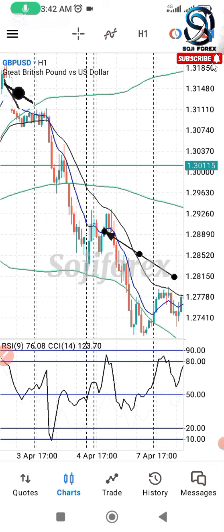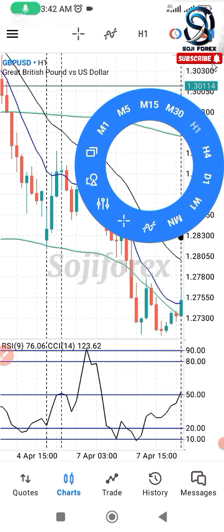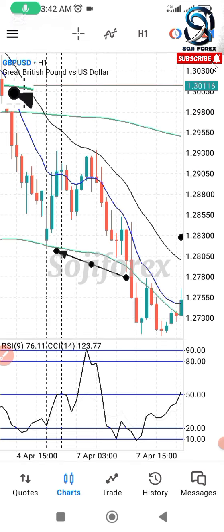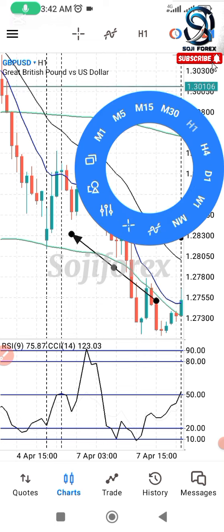And here is exactly what we are looking for. You can see here we have a typical pin bar. So what happened? Price came here and pulled back. When it came to our moving average, it got rejected and gave us this beautiful pin bar or hammer candlestick formation.